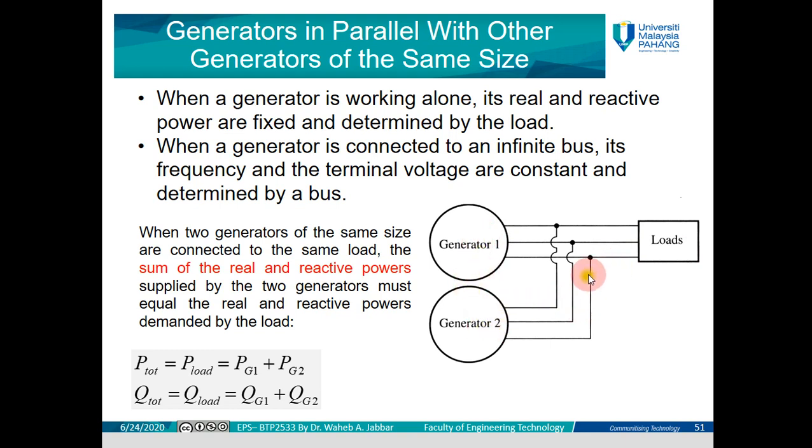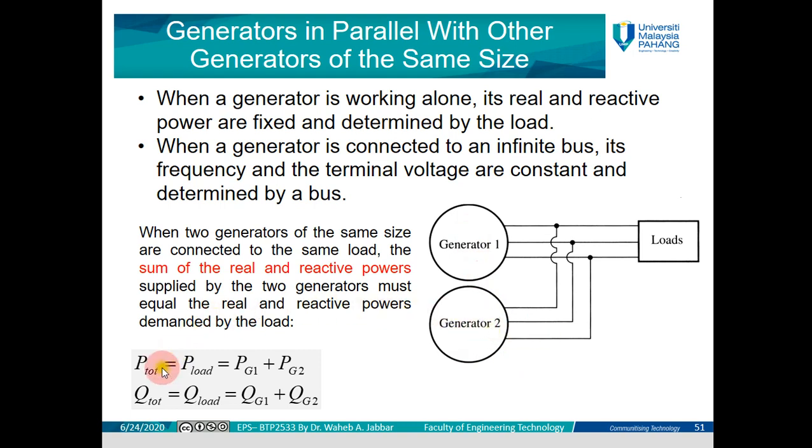So it will divide the load depending on their capacity or power. If the generators are equal, they will divide the load equally. If generator 1 is greater than generator 2, generator 1 will carry higher power than generator 2. If generator 1 is smaller than generator 2, it will take a lower power value, either for the real power or the reactive power.